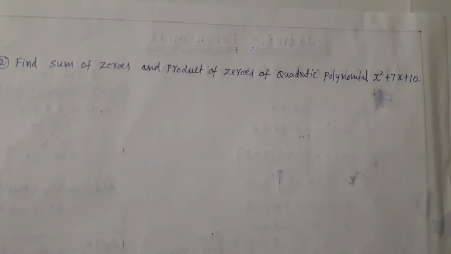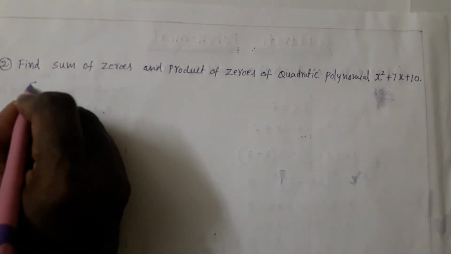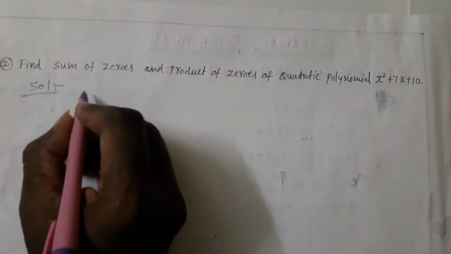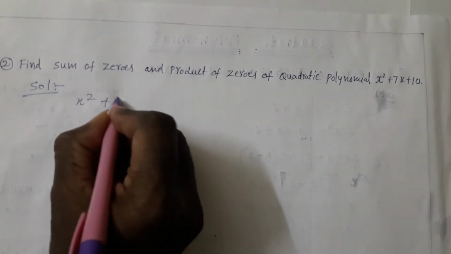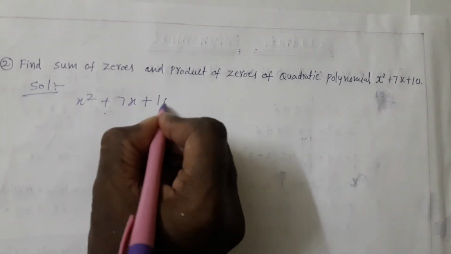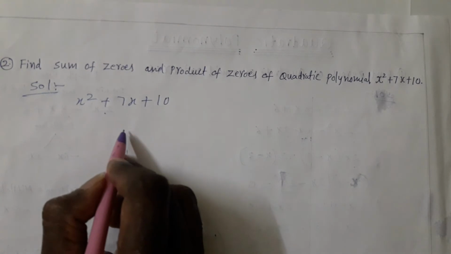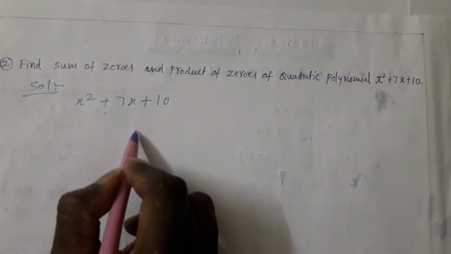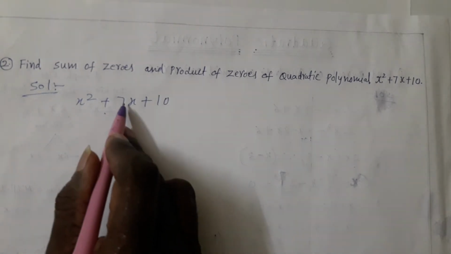Find the sum of zeros and product of zeros of the quadratic polynomial x square plus 7x plus 10. Solution. Given is x square plus 7x plus 10. Here we divide the middle term into two terms. If we add these two terms, it equals the middle term.